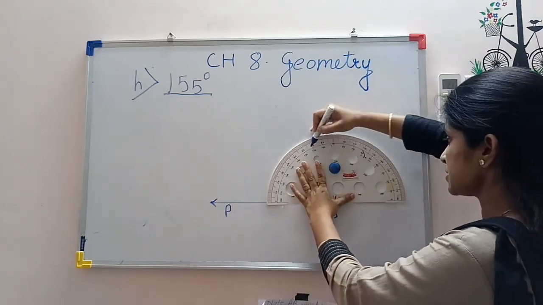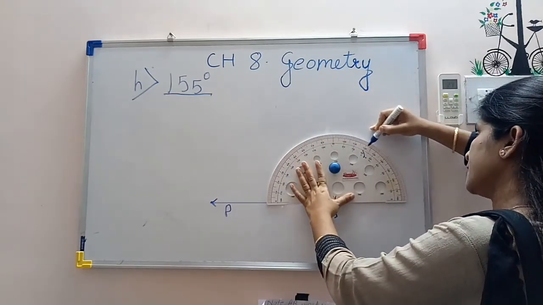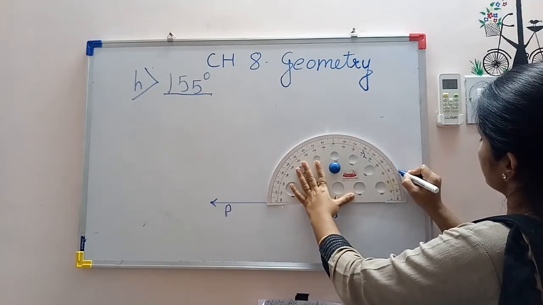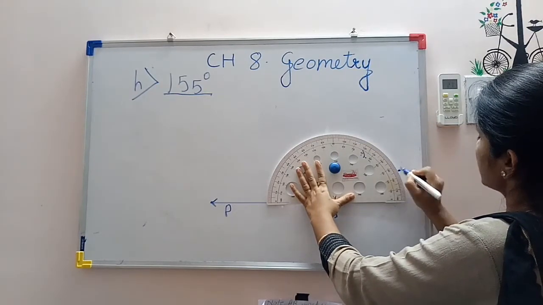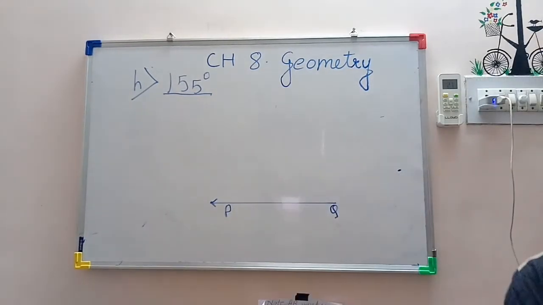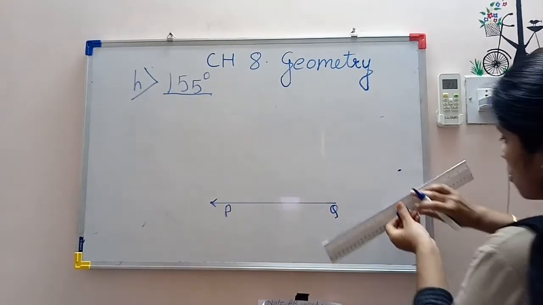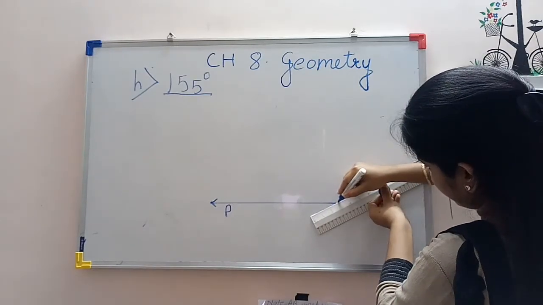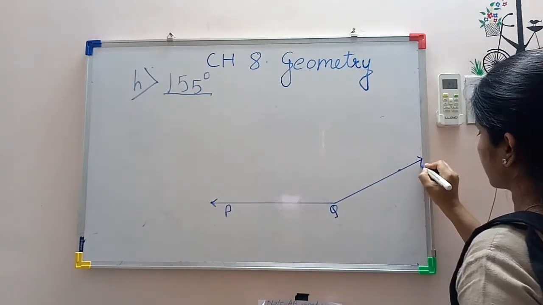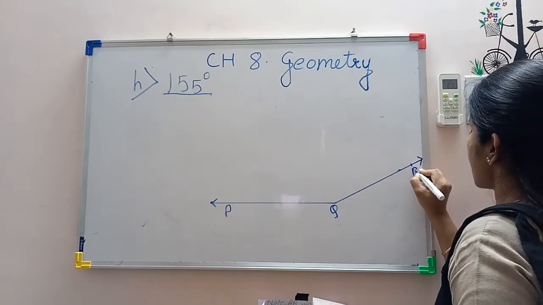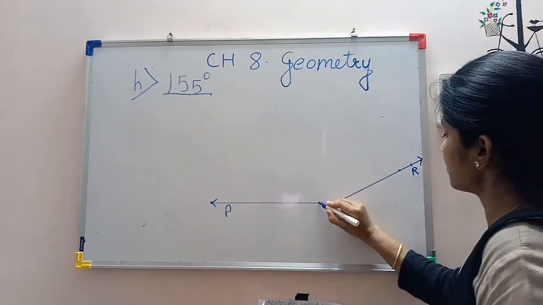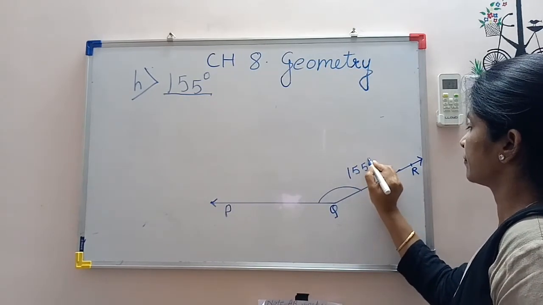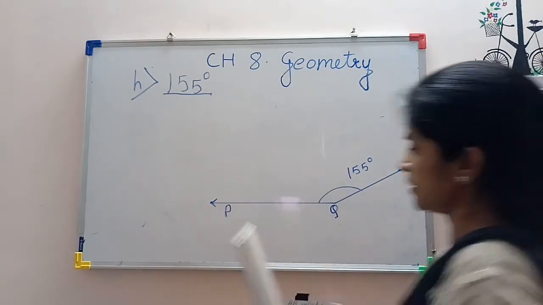Now see students, 80, 90, 100, 155 comes here. So we will mark here. After that we will draw another ray and we will name it as R, and the measurement of this angle is 155 degree. Now write the name of the angle.